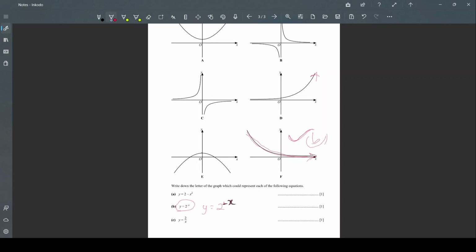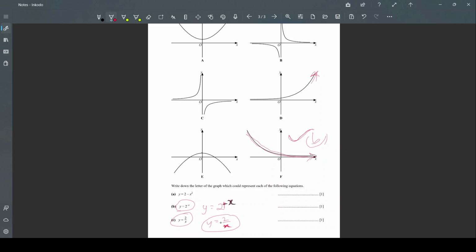If they had given you plus x, then you should have selected this one. And y equals 2 by x, you can see that this is a reciprocal graph, or we can call this a hyperbola graph. In this, the x should be in reciprocal format, right? Everywhere the x is being affected, here the x is in reciprocal format. If it is reciprocal, you just have to check for the x, right?